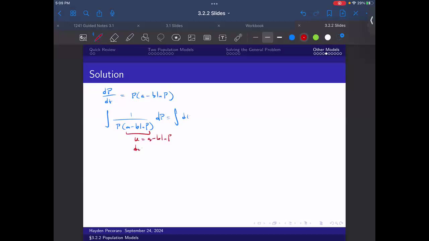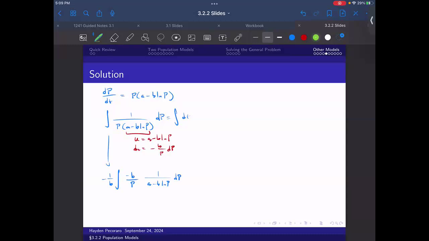And then du is going to end up being minus b over p. So we have an integral that looks like, let's do this, minus 1 over b integral minus b over p, 1 over a minus b log p.